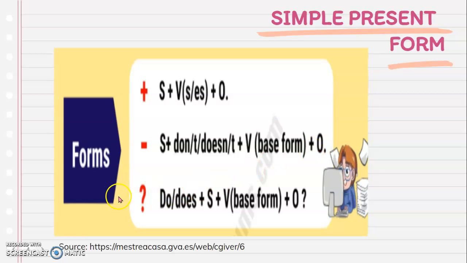For interrogative, we use do or does, the subject, the verb in base form, and a complement. What is a verb in base form or simple form? It's a verb with no s.